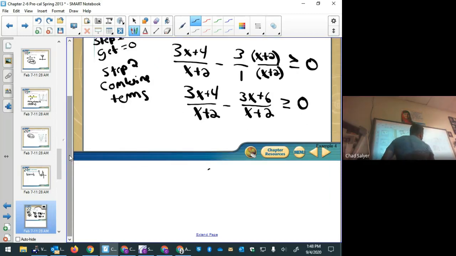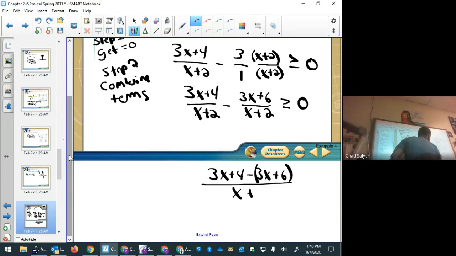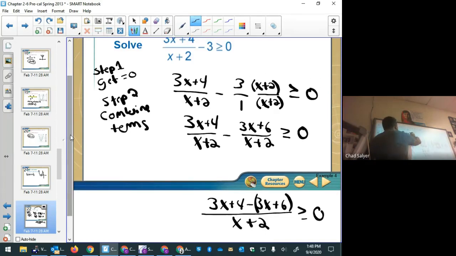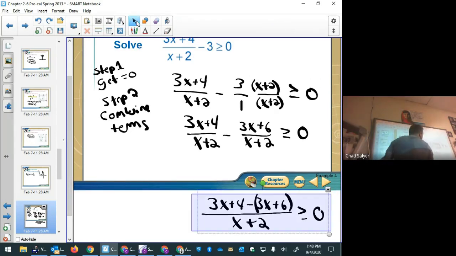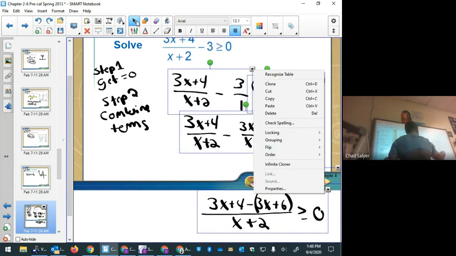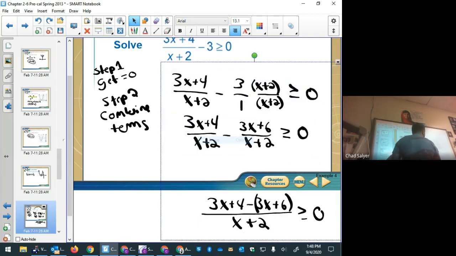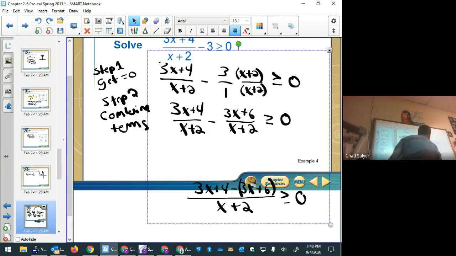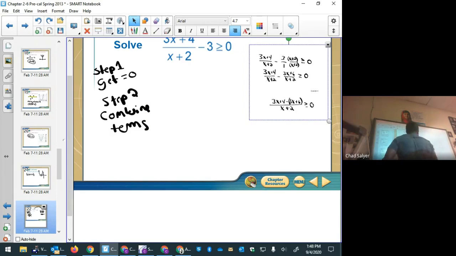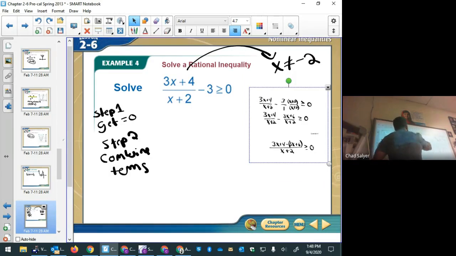We can combine these, 3x plus 4 minus 3x plus 6 over x plus 2. Be careful with that minus sign, it's going to be really easy to make a sign error there. So let's continue on.